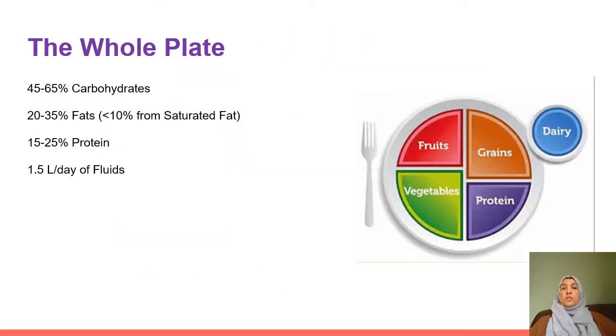So this is the picture of a whole plate from the FDA, Food and Drug Administration's healthy eating website called myplate.gov.